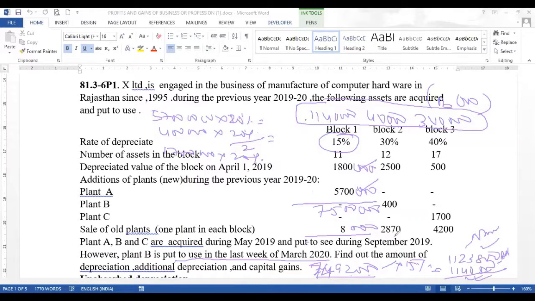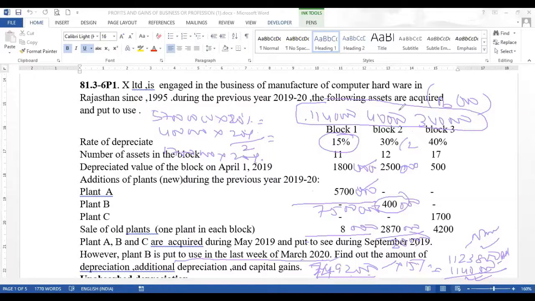For the second block, your WDV is how much? 30,000. On that, you have to calculate not at 30%, because this is put to use only in the last week. Mind you, these are all in thousands, therefore it will be taken as 25 lakhs, this is 4 lakhs, this is 28 lakhs. Therefore, your balance WDV is only 30,000. On 30,000, 30% divided by 2, because it is only part of the year, put to use only in the month of March.